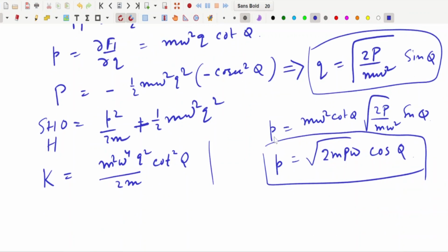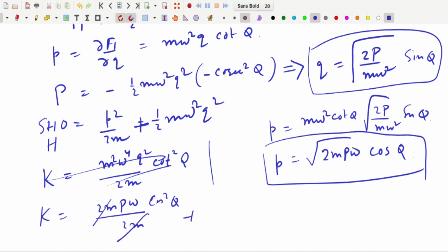Okay. So now let me write my new Hamiltonian. p square will be 2 m P omega cos square Q by 2m. So this 2m gets cancelled, and then half m omega square q square will be 2 P m omega square sin square Q. Okay.